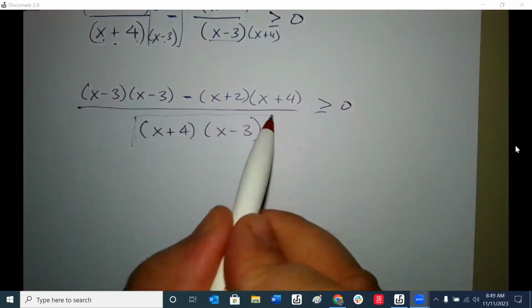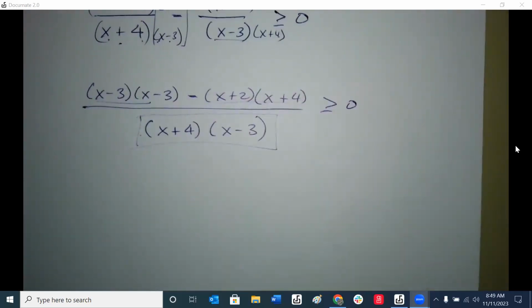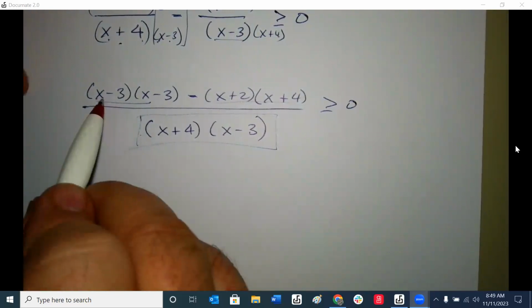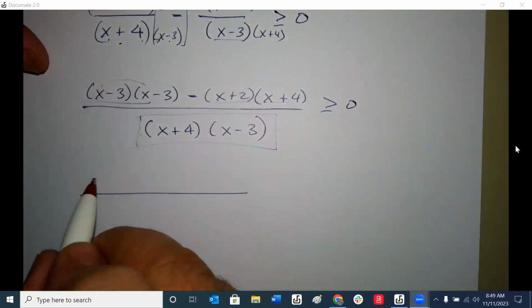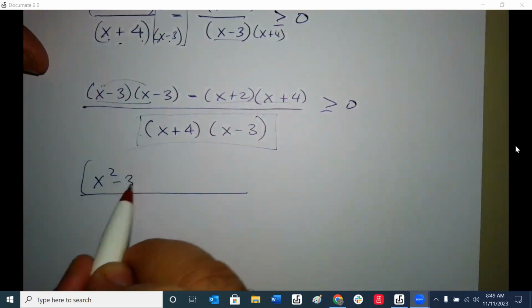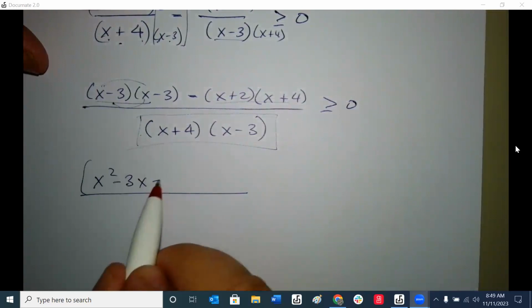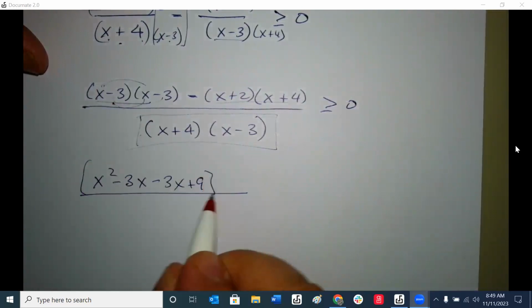Leave these factored. Don't multiply those. But we have to combine these because we only have one equation on top. X times x is x squared minus 3x minus 3x positive 9.